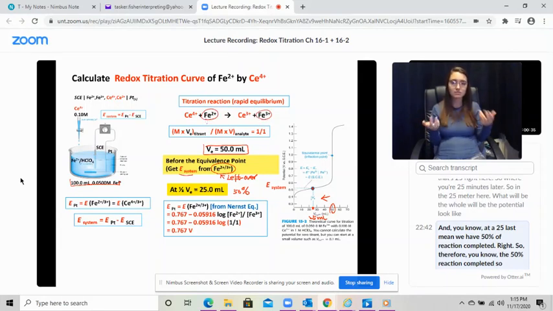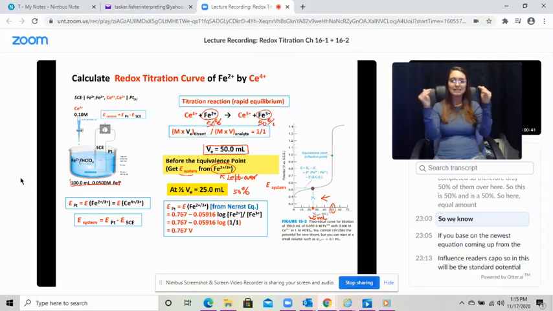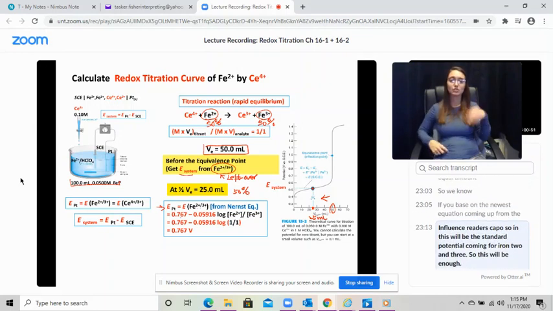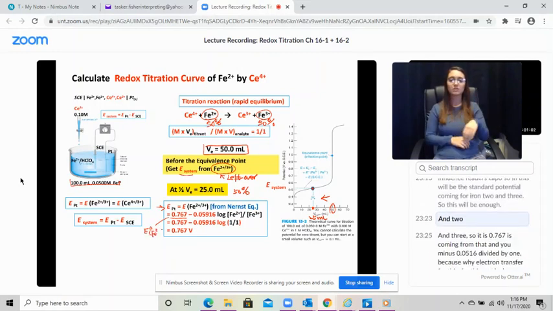So this is 50% and this is 50%, so they are equal amounts. Based on the Nernst equation coming from the iron 2 and 3 redox couple, this will be the standard potential coming from iron 2 and 3, so this will be E naught, iron 2 and 3.